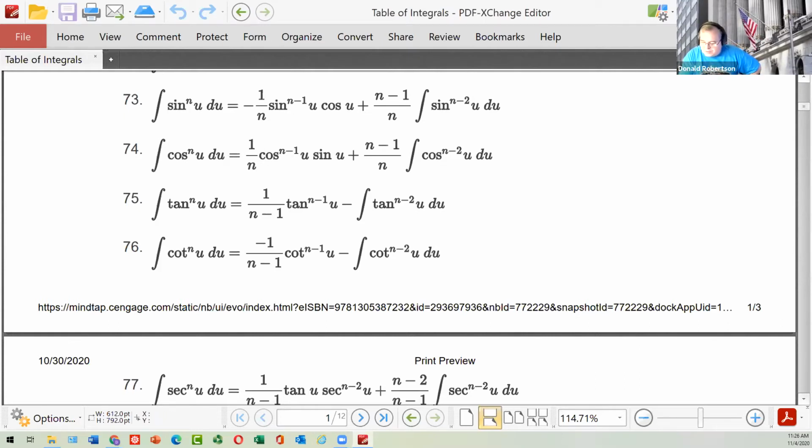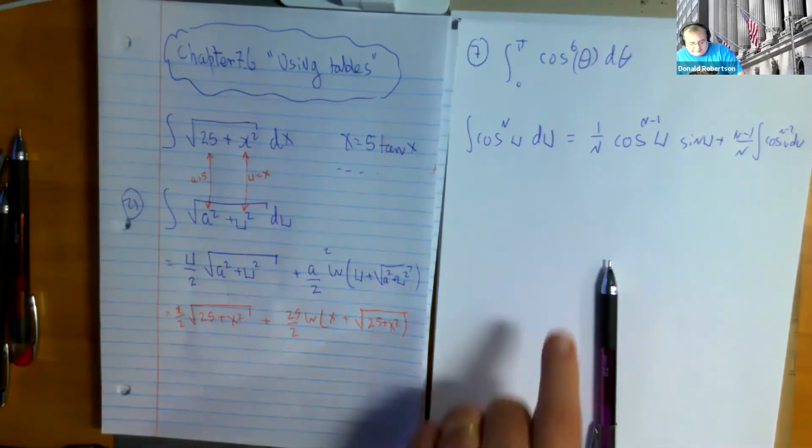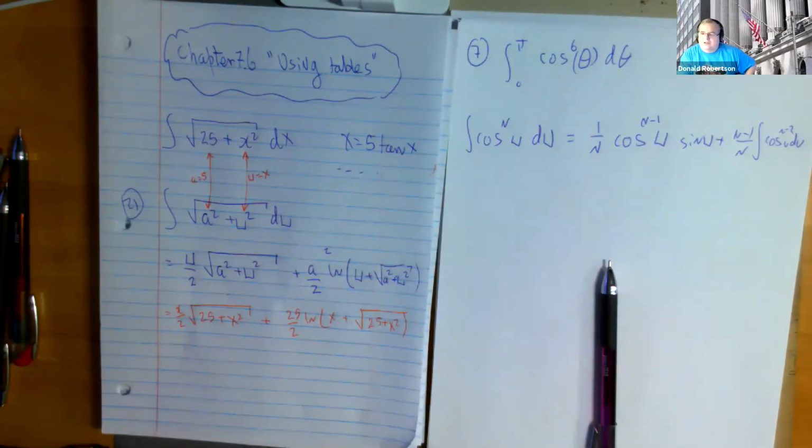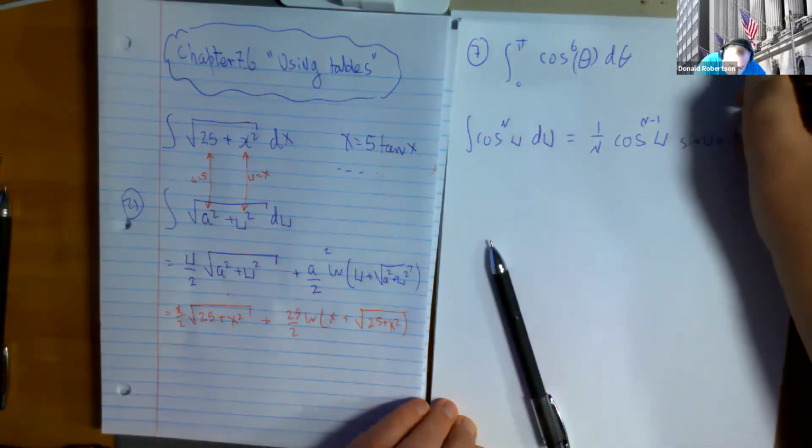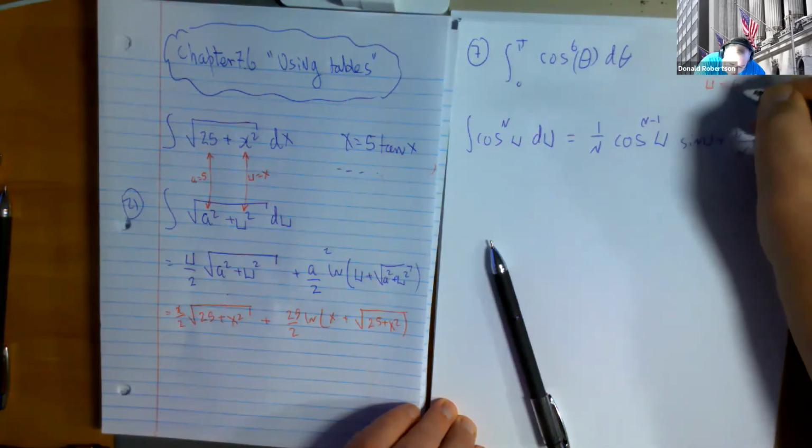So let me leave this and show you what the problem is. Somehow I'm going to use this to answer this integral. Well, let's do the easy bit. Would you agree that n is 6 and u is theta?